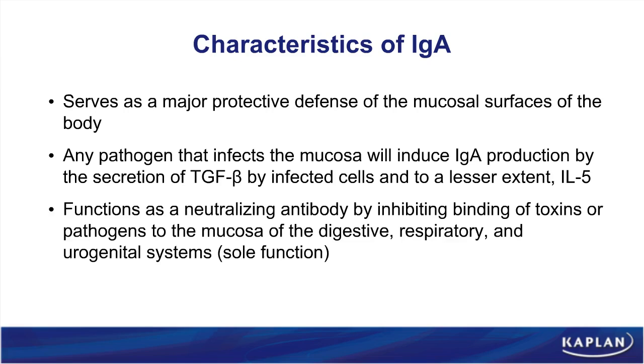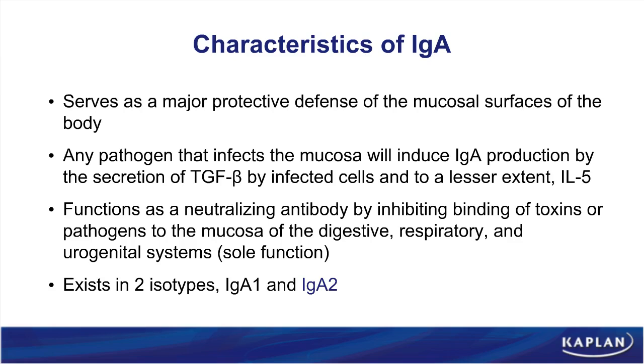It serves as a neutralizing antibody. It's going to be able to bind to pathogens or toxins, and that will interfere with the ability of them to bind to the mucosal surface and cause disease. Now, this is a point that a lot of people like to overlook. IgA actually does exist in two sub-isotypes. We have IgA1 and IgA2.